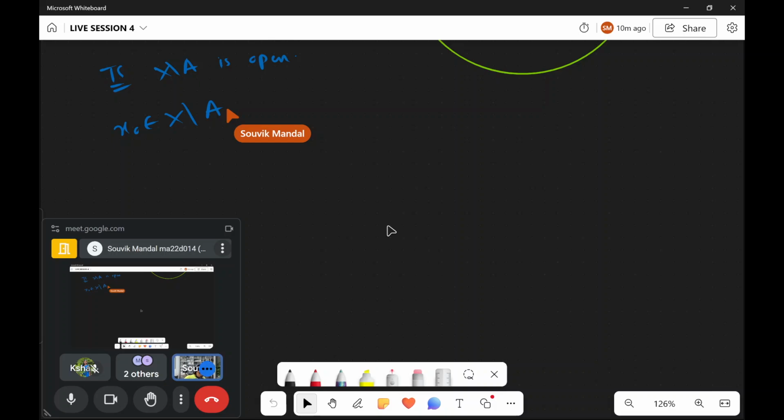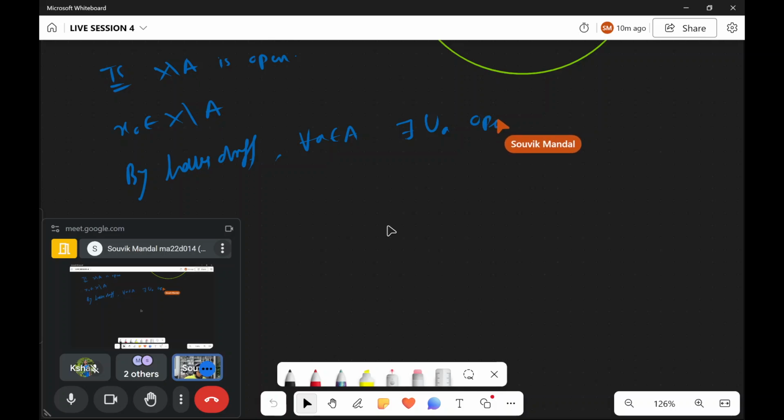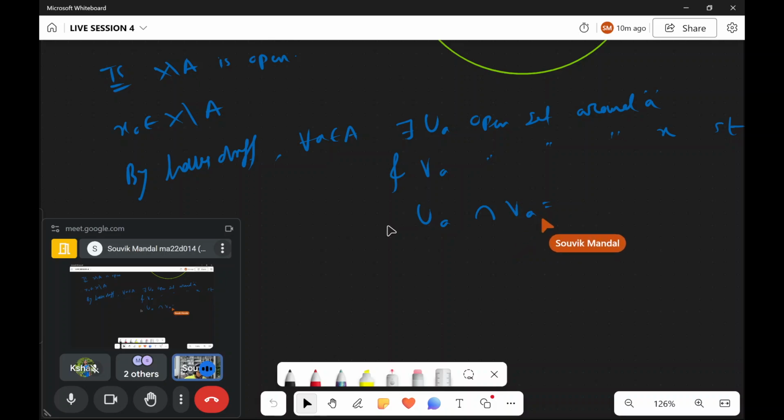Now, by Hausdorffness, for each a belonging to A, there exists U_a, an open set around a, and V_a, an open set around x naught, such that U_a intersection V_a is empty.